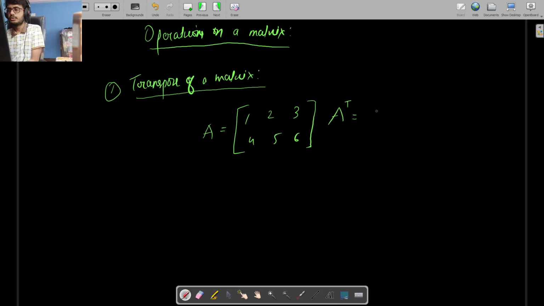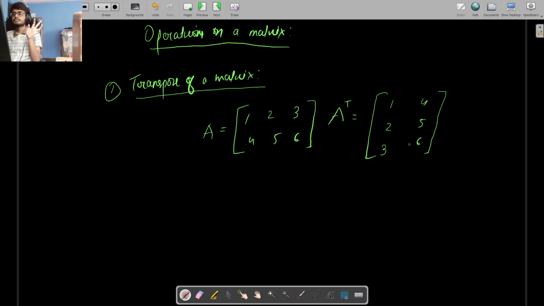Now this is a row, 1, 2, 3 is a row. Now we change this row into a column, 1, 2, 3. Now we change this row into a column, 4, 5, 6. So this is a transpose of a matrix. So transpose of a matrix is basically changing the rows to columns or columns to rows.